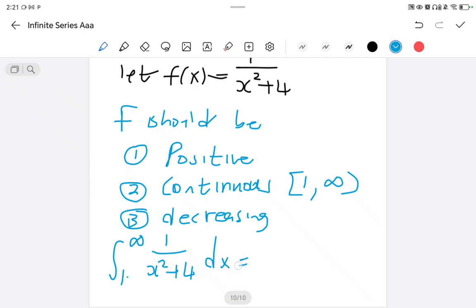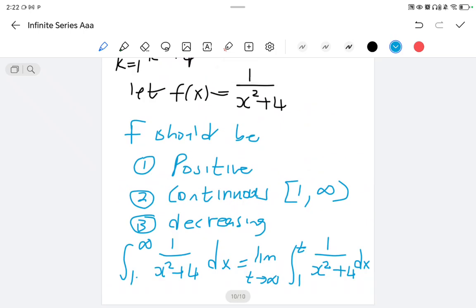I'm applying the improper integral. If I plug 1 here, this will be fine. But if I plug infinity, it will be undefined. So I must replace infinity with a limit, and I'll have the integral of 1 over x squared plus 4 dx.